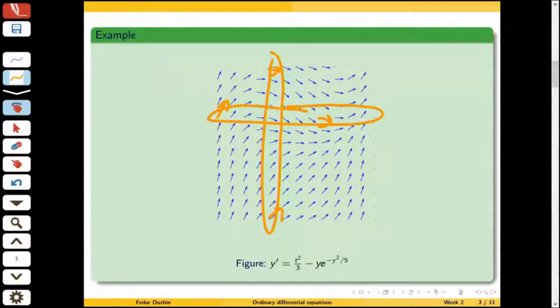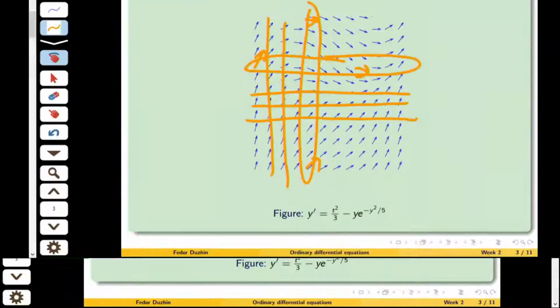Alternatively, you can just look at all arrows along every horizontal line or all arrows along every vertical line, and then you will see whether the vector field is invariant under horizontal translation or under vertical translation.